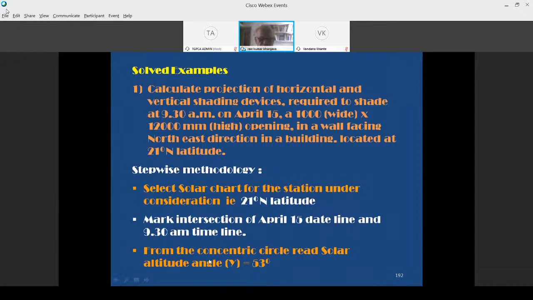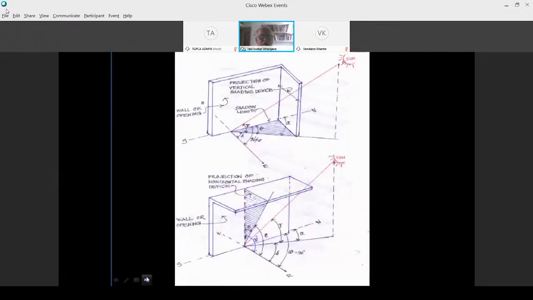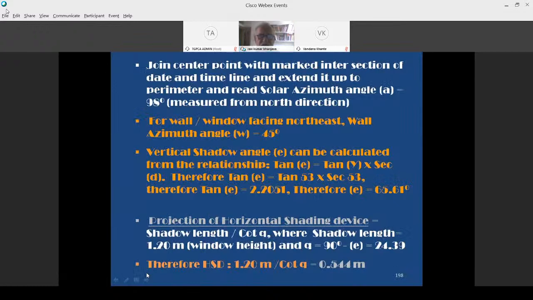From the solution, gamma is 53 degrees, then we have calculated the wall azimuth angle as 45 degrees. Then the vertical shadow angle sigma, I have used the letter E here, or epsilon.